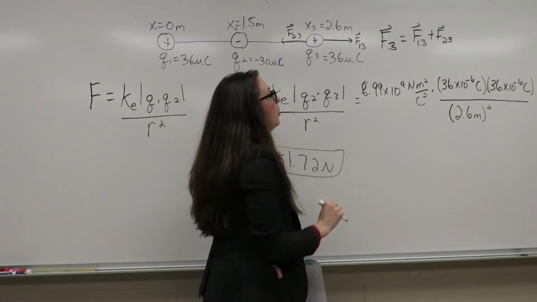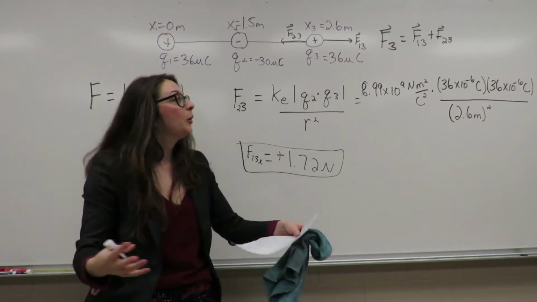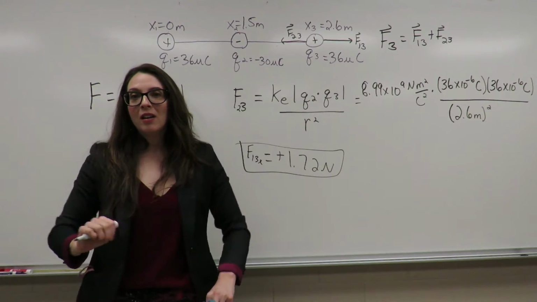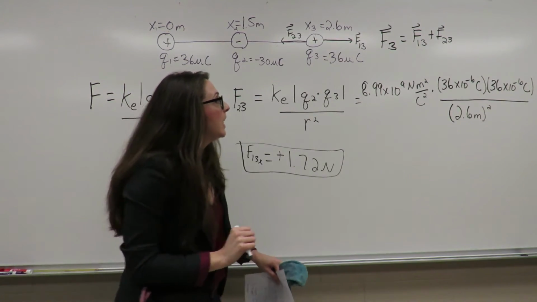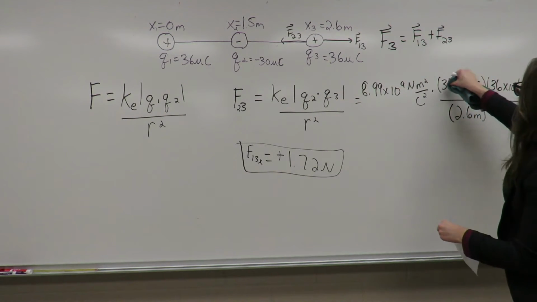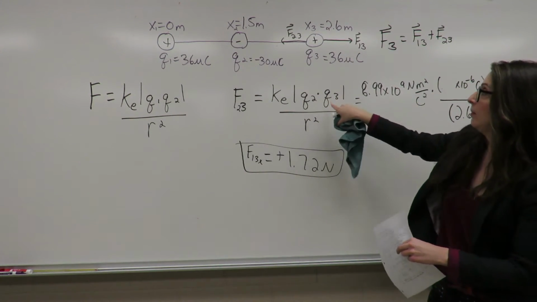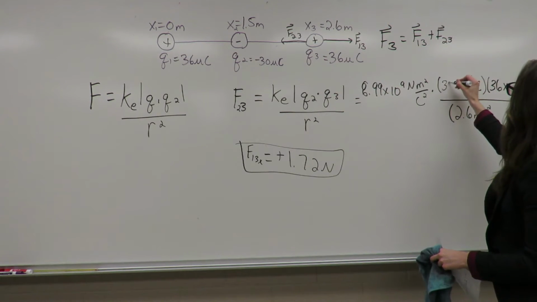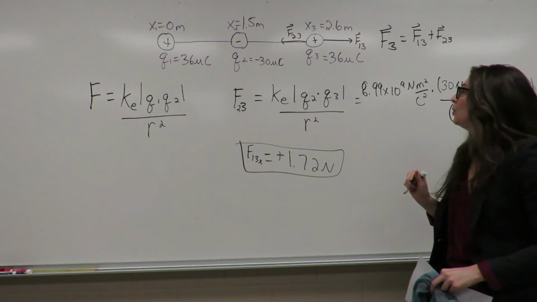That's equal to 8.99 times 10 to the 9 newton meters squared over coulombs squared, our Coulomb constant, multiplied by the absolute value of the charge of Q2, which is 30 times 10 to the minus 6 coulombs.